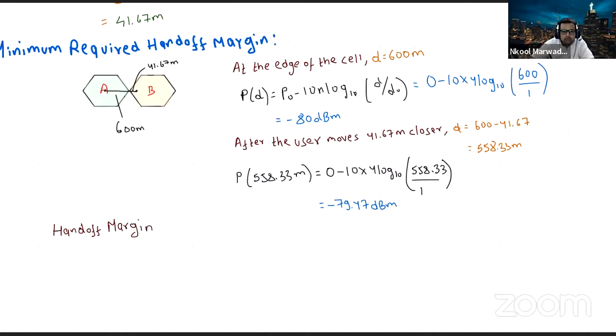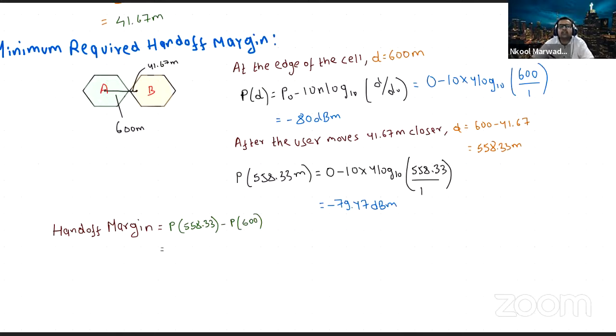It will be, and this is very important, P(558.33). When we take the difference, we have to take it from B to A: power received from the tower B minus power received from the tower A. And what is power received?